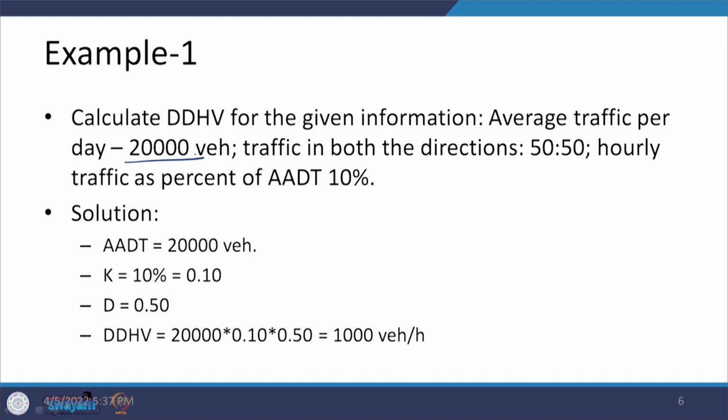The traffic in both directions is found to be 50-50, so it is an ideal condition. The traffic as a percent of AADT is 10%. So, we have AADT as 20,000, K is 0.1 and D is 0.5, and if we multiply all of these we get DDHV, which comes out to be 1000 vehicles per hour. It means the facility is to be designed for this value of 1000 vehicles per hour.